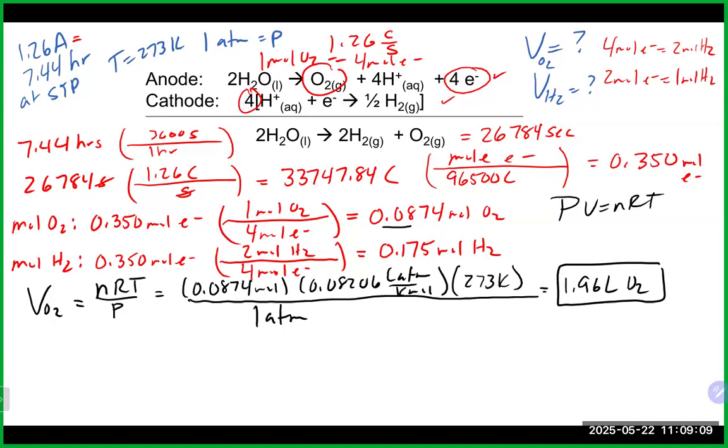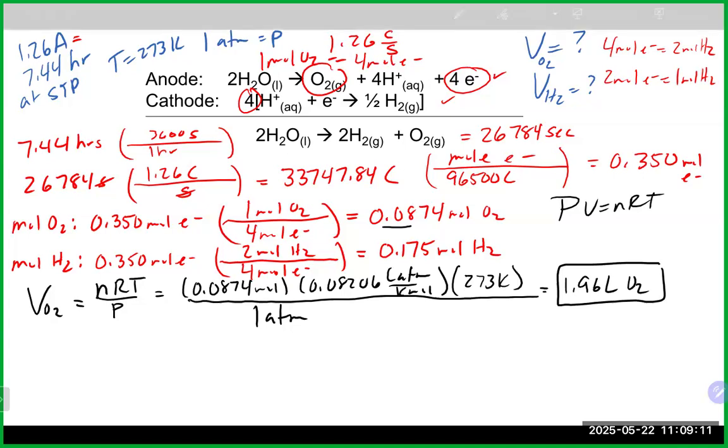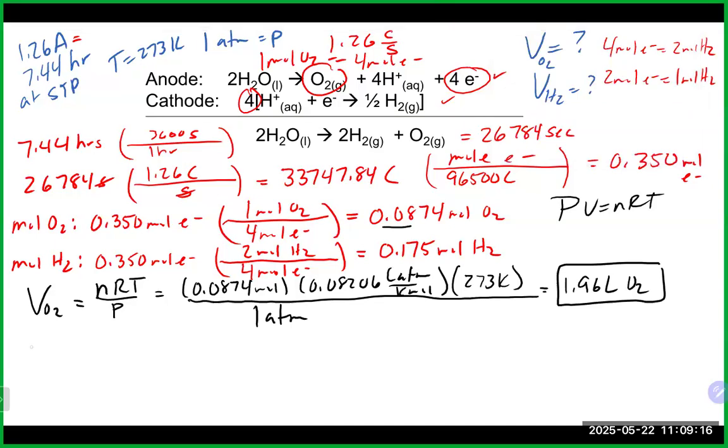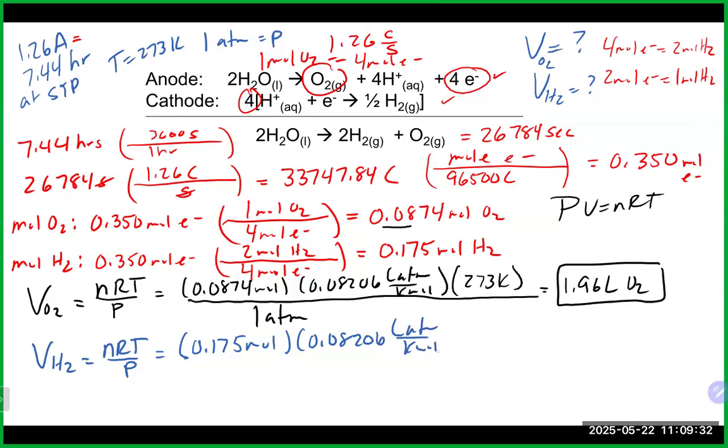Questions on that one there? We're basically just going to rinse and repeat here with the hydrogen. It's going to go into the same formula, again nRT divided by P. We do want to make sure we use our hydrogen moles in this case. So 0.175 moles, our same gas constant, our same temperature, and our same pressure at this point, which is 1 atmosphere.